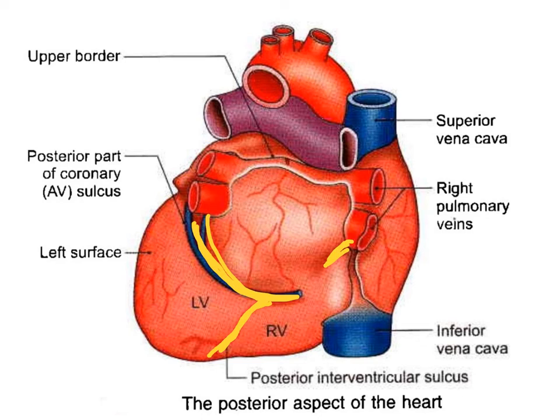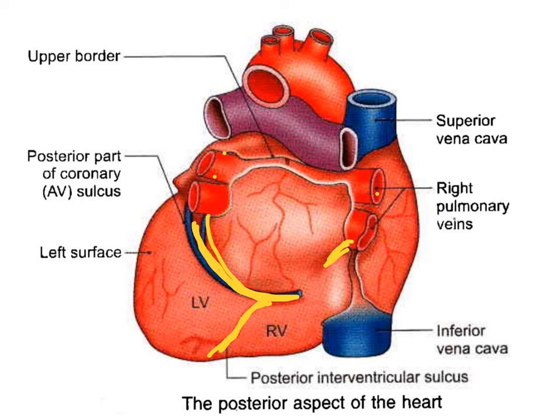These are the openings into the left atrium, the pulmonary veins, a pair on the right side and a pair on the left side. So these are the things we can observe on the posterior aspect of the heart.